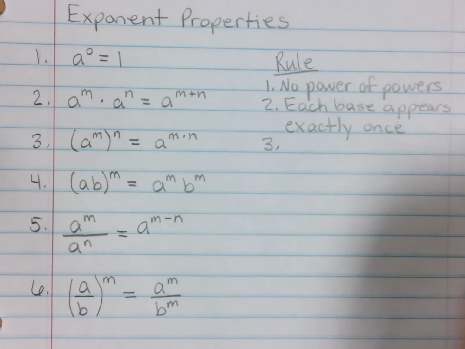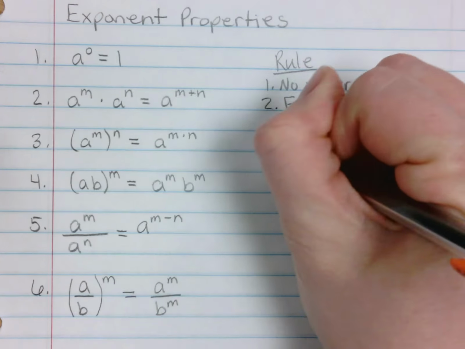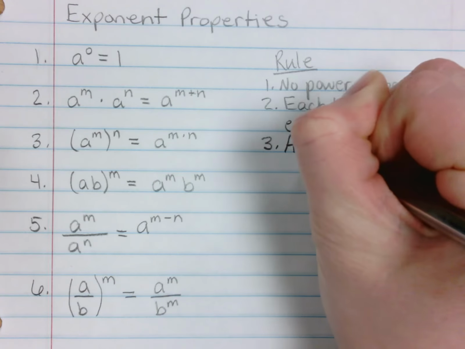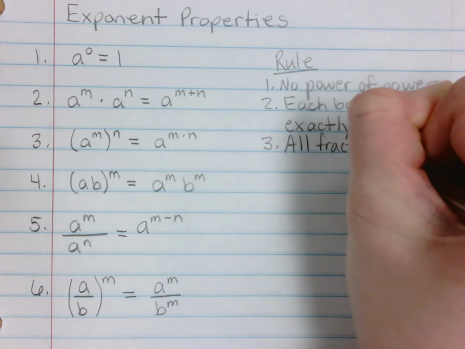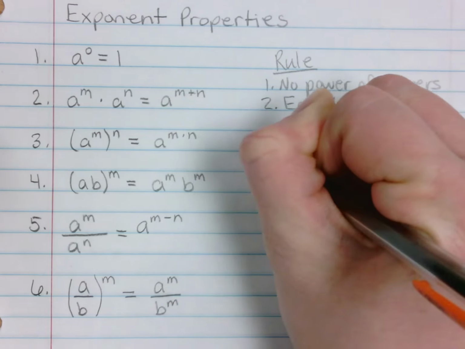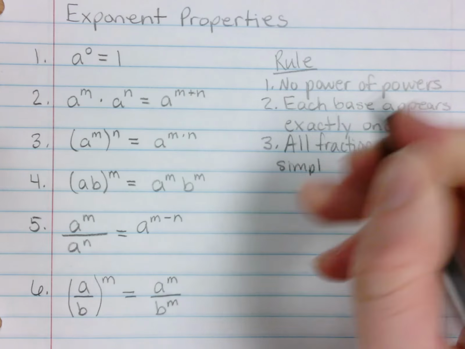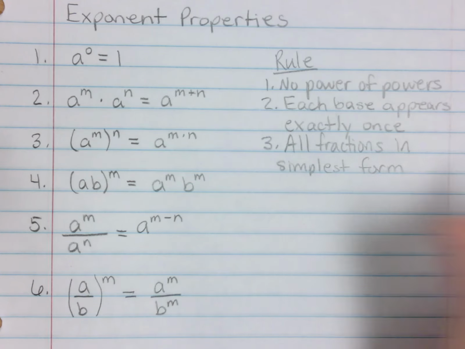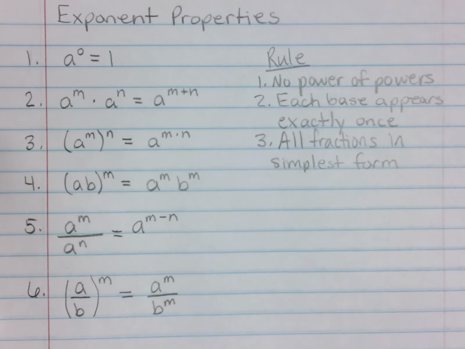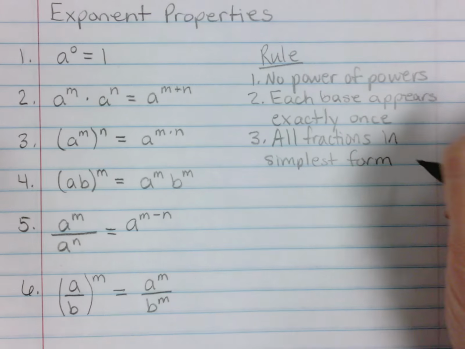Rule 3, and really this is a general math rule, but it works with our properties also, is that all fractions are in simplest form. So, for example, if you had a fraction that said 4 over 12, you would not leave a fraction as 4 over 12.